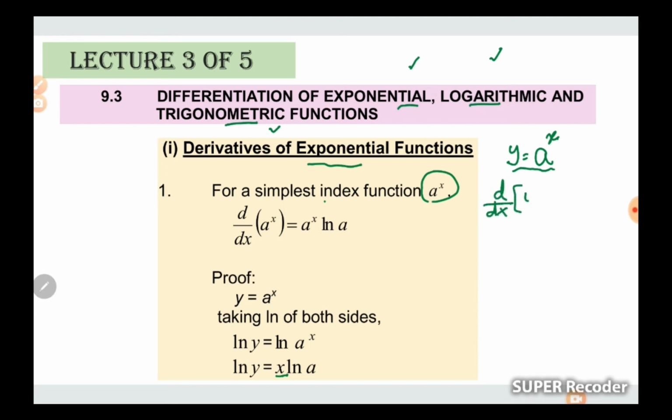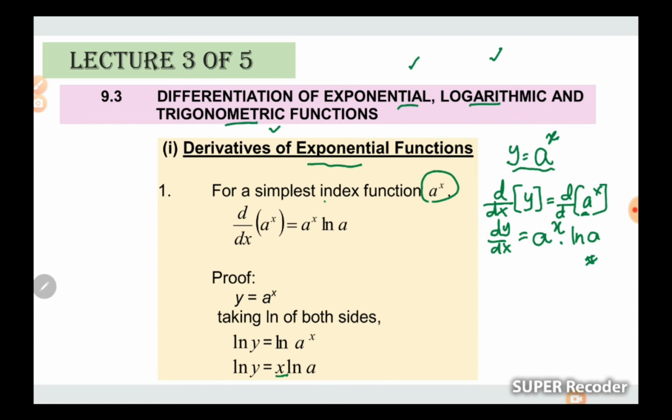So differentiate y is equal to differentiate a^x. We differentiate left side and right side. Differentiate y with respect to x is dy/dx. Okay, differentiate a^x. So how to differentiate the exponential function here? The answer is you copy a^x, then multiply by ln a. Okay, this is the answer.